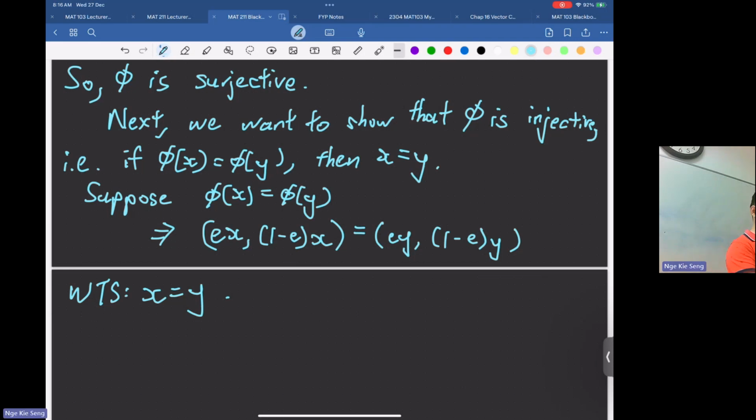Sorry, e x equals e y, sure. e x equals e y, and then 1 minus e x equals 1 minus e y. Okay, how are you going to use this information to show x equals y?